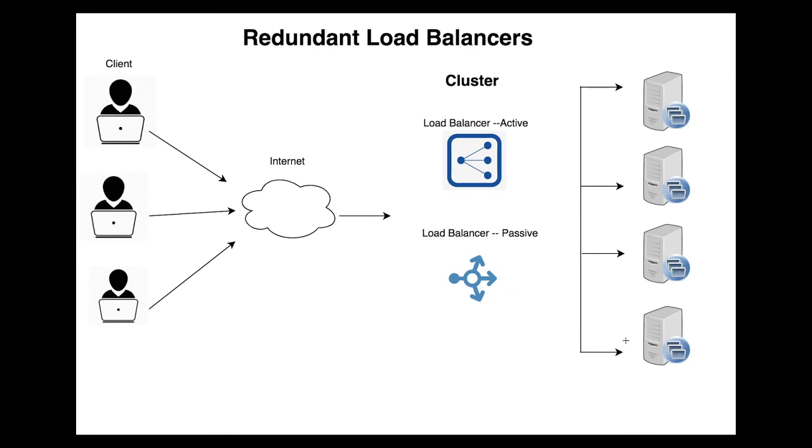Thus, we can add more load balancers to create a cluster, and in this cluster, these load balancers are going to be monitoring each other, and each one of these load balancers is going to be equally capable of serving the same amounts of traffic, and detecting whether the other one fails, and so on and so forth, right?